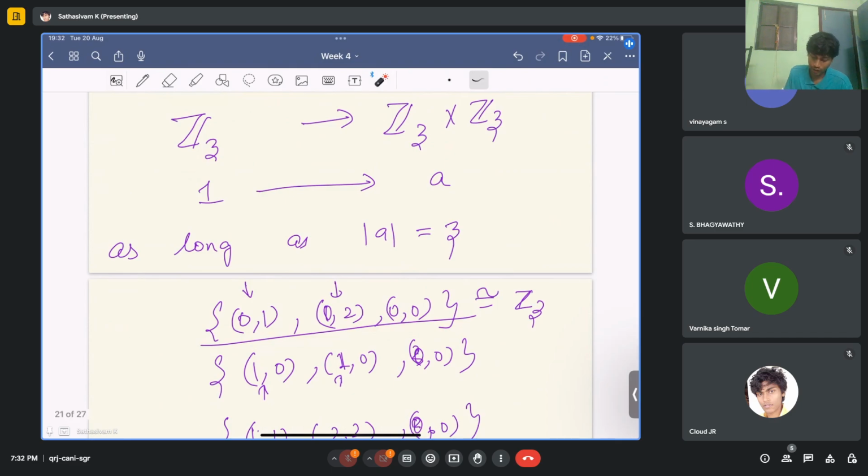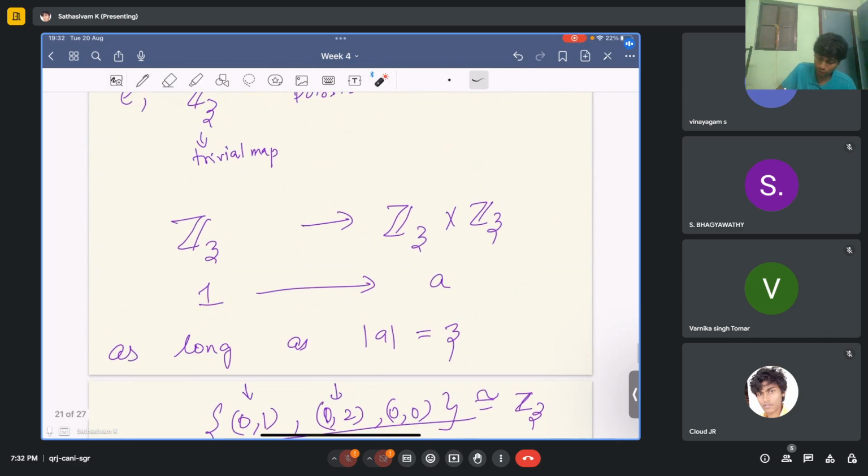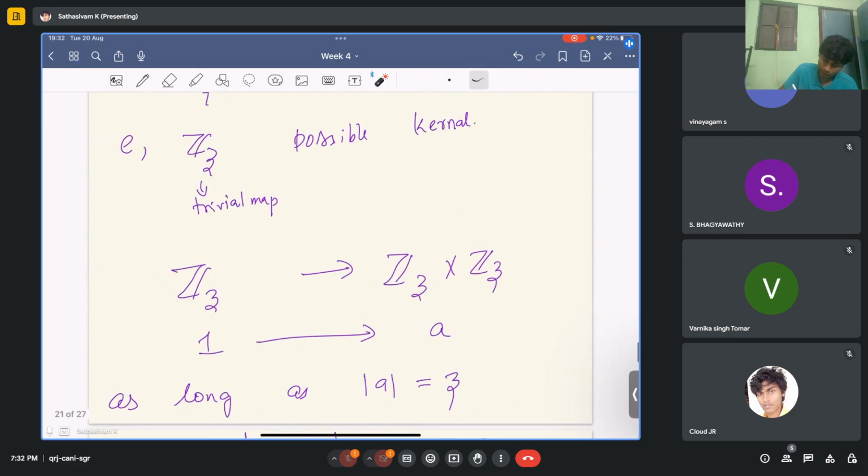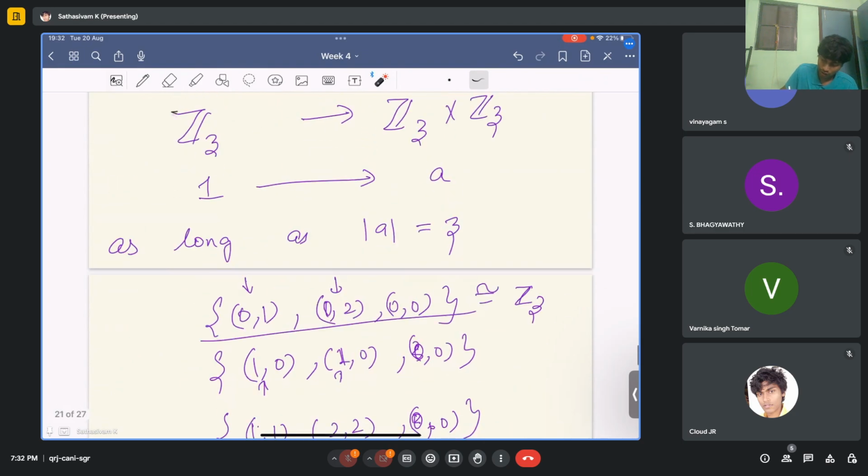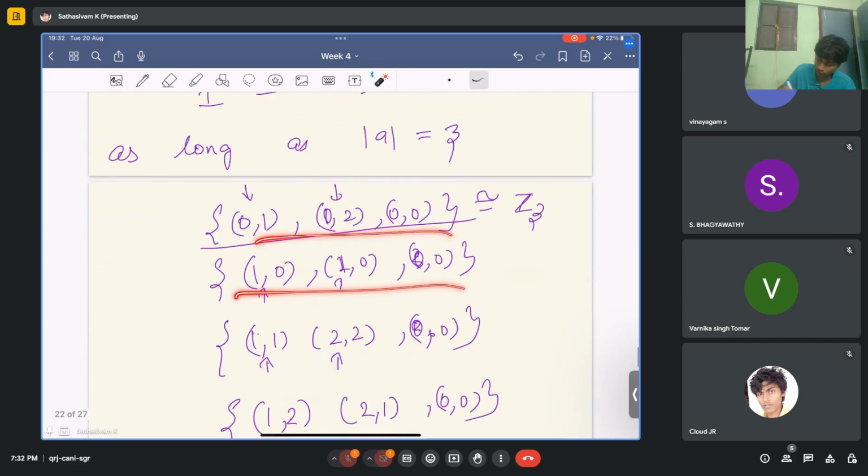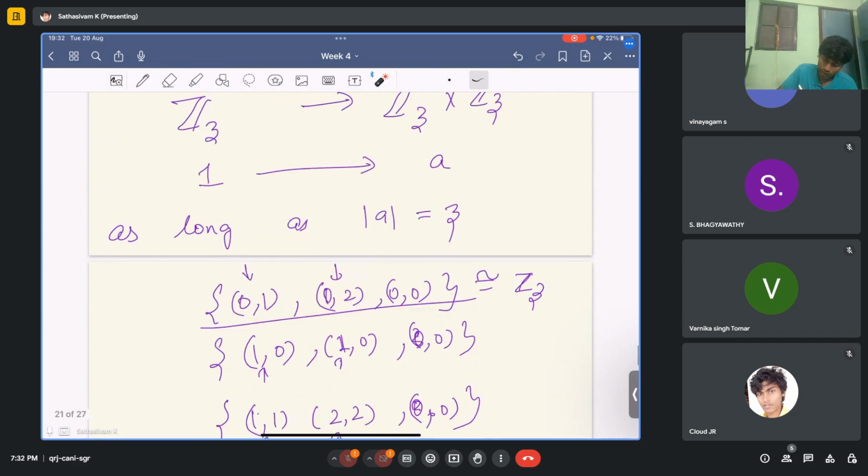Now the question is how many homomorphisms you can get from Z3 to this. There is a trivial map, and this Z3 can be sitting inside Z3 cross Z3 as one of the following four subgroups. In each case, the map can be given by taking 1 to one of these elements.